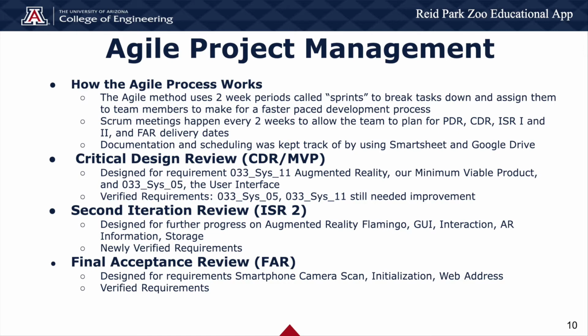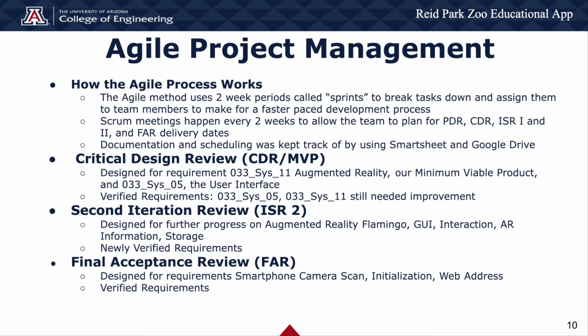We also do a critical design review, which is mainly focused on our MVP, our minimum viable product, which is the bare minimum of what we have to accomplish with this project. Then we also have the second iteration review, designed mainly to further our process in the development of the application, so basically focusing on increasing our AR or UI design, iteration, and information and storage.